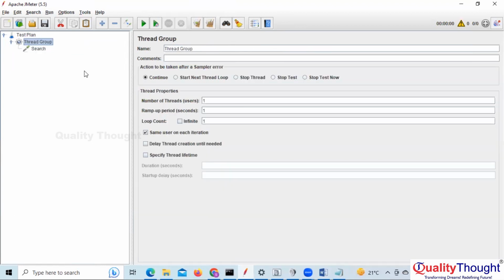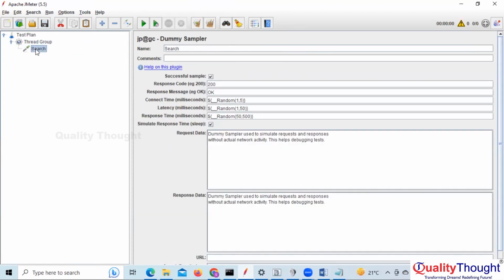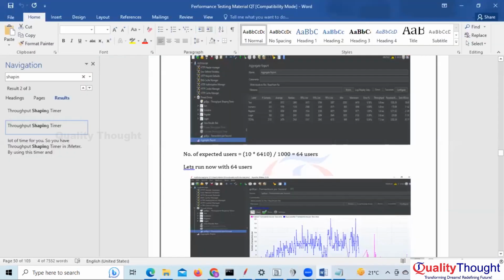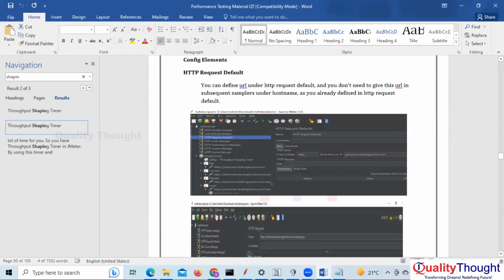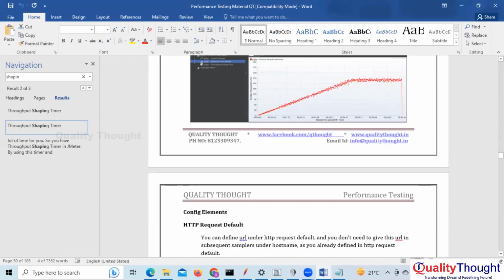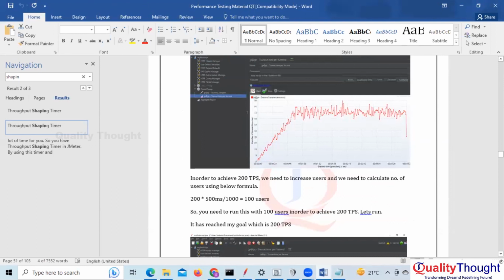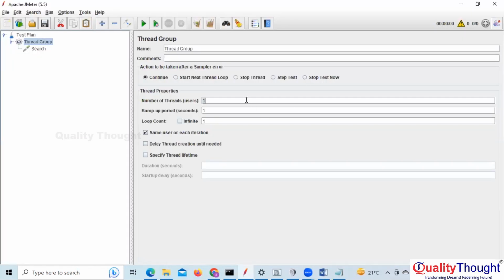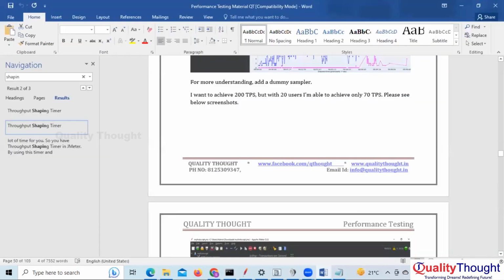And I am running this particular scenario with 20 users, and my ramp up will be how much? 60, right? And I am running this for how much duration?